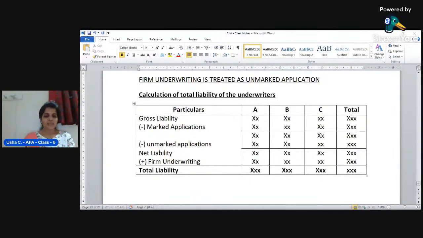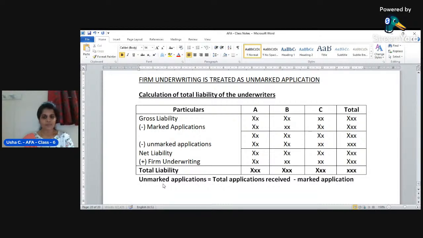So at the time of calculation of unmarked applications, generally we use the formula: total applications received minus marked applications. This is the formula we use for calculation of unmarked application.